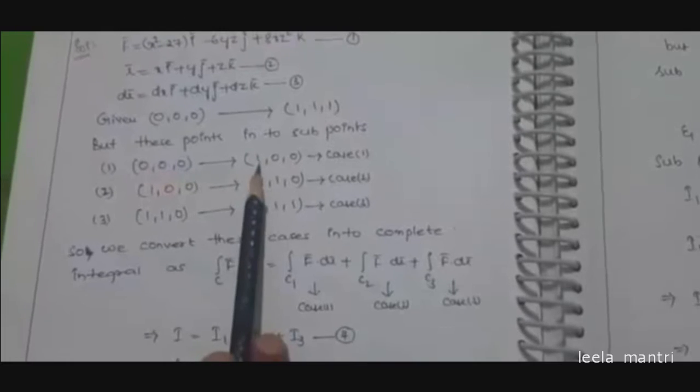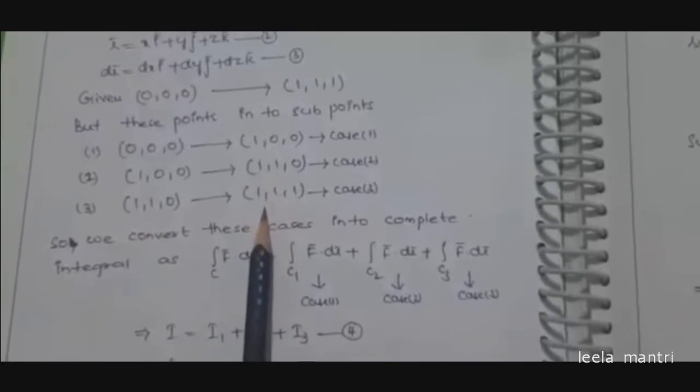Moving to the points, the initial point is 0, 0, 0 and the terminal point is 1, 1, 1. Between these points, the path is divided into 3 cases. Case 1 is from 0, 0, 0 to the point 1, 0, 0. The second case is from 1, 0, 0 to the point 1, 1, 0.